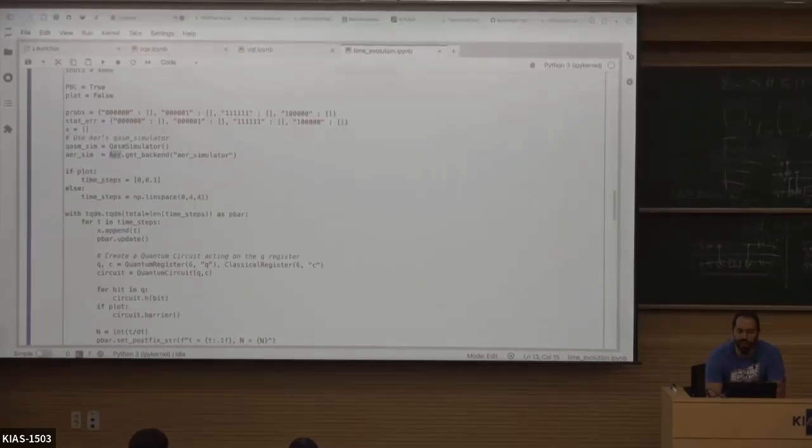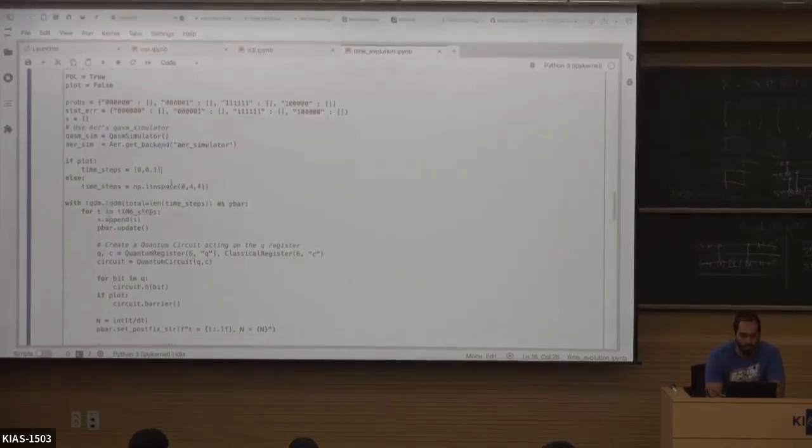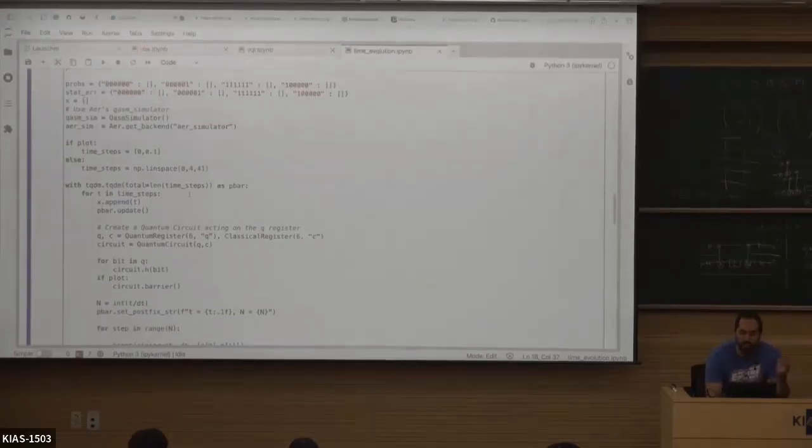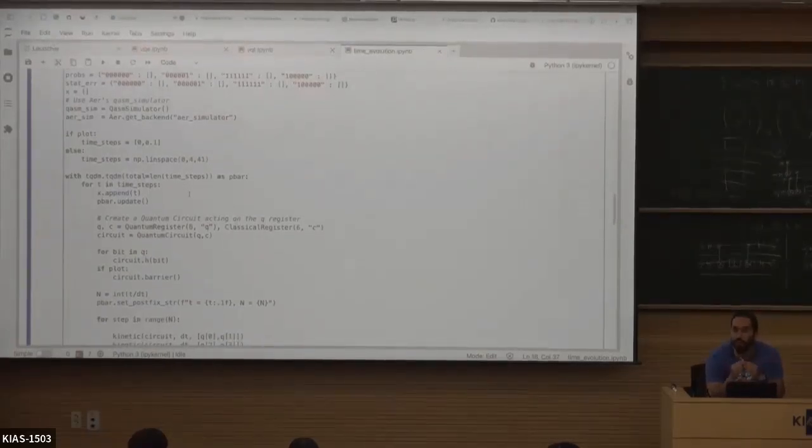So for the plotting, I chose specific time steps so that you won't explode your screen if you want to plot it. But for the non-plot case, I'm choosing time steps of 41 between 0 and 4, okay? So what I'm doing is I'm changing my circuit structure at every single step. As I told you, how trotterization works, basically, I have a Hamiltonian term.